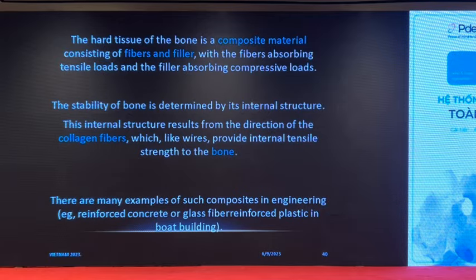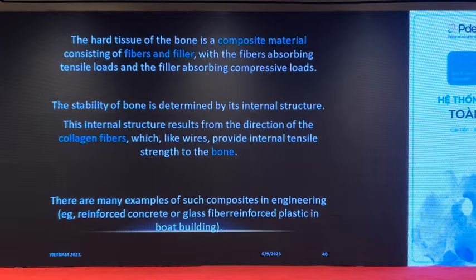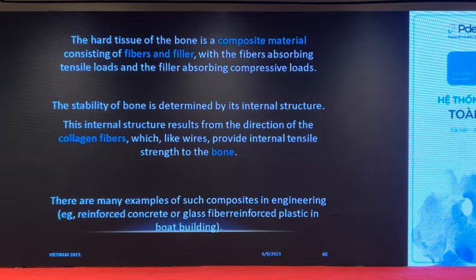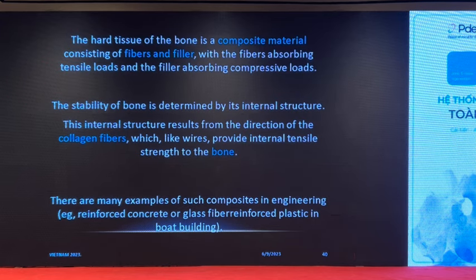So, because we are going from outside to inside, we should change our way of thinking. Why is that so important? The hard tissue of the bone is a composite material, consisting of fibers and fillers, with the fibers absorbing tensile loads and the filler absorbing compressive loads.